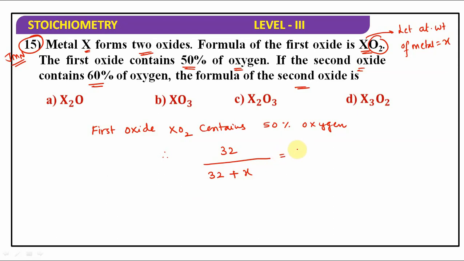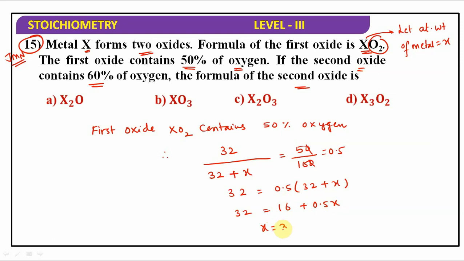Percentage composition is how much? 50%. That means 50 by 100. Yes or no? 50 by 100, in percentage composition formula, you know it, that you can apply it. 0.5. So 32 upon 32 plus X equals 0.5, which gives you 0.5 into 32 is 16 plus 0.5X.